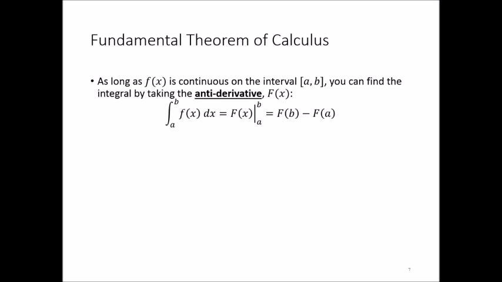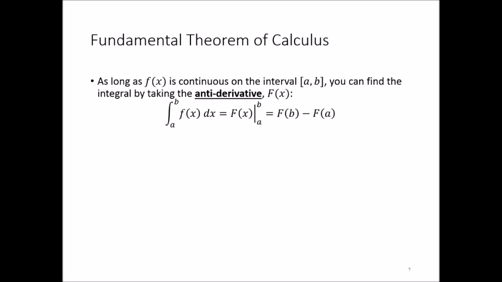Formally, this is how it's written, and I want you to just take a minute to look at the notation for each of these 3 chunks. Clearly, the first notation is what we've seen before. Once I take the antiderivative, there are really 3 steps in this process. I take the antiderivative. In the middle, this notation is saying, well, this is the antiderivative, but I need to evaluate it at the limits b and a.